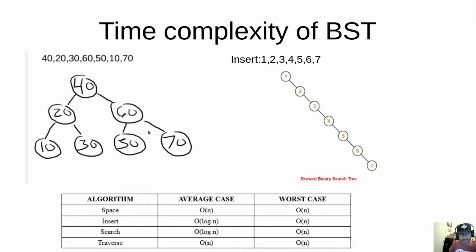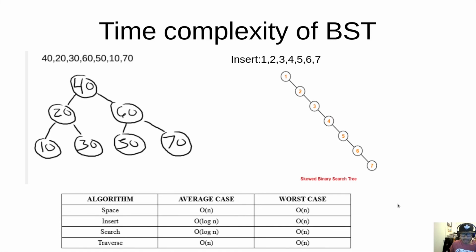So if the tree is balanced, it would go into its average case: the search and the insertion will be O(log n) time. But if we insert in the order 1, 2, 3, 4, 5, 6, 7, we're going to get something like a linked list, and we hit our worst case if the tree is imbalanced: O(n) time. It's basically a linked list.